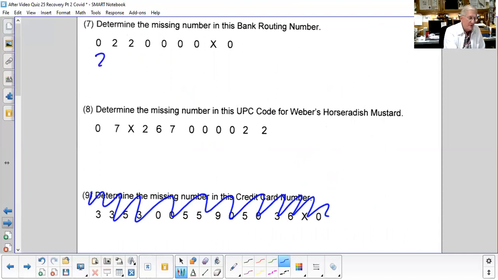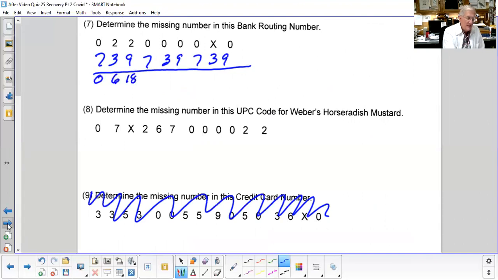This, remember, is 739. It is 0, 6, 18, or 8, 0, 0, 0, 0, 3x, and 0. I think I've got a good chance at being able to add across here without screwing it up like the last class I did.